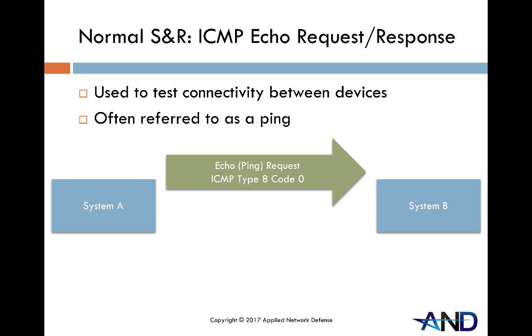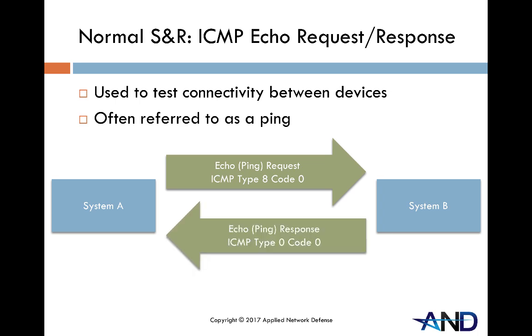Now, if System B isn't up, it's just not going to respond, and System A will notice that it just doesn't get a response after a specific amount of time that the tool's configured to wait. Now, if System B is up and responsive and is able to accept and respond to this request, it's going to send a reply, which is an ICMP Type 0 Code 0 response, which is an echo or ping response.